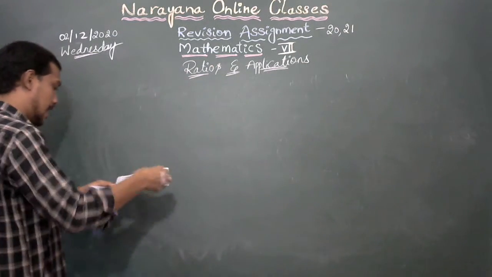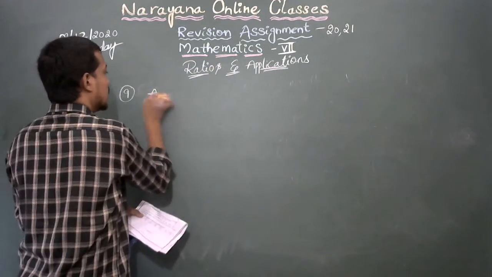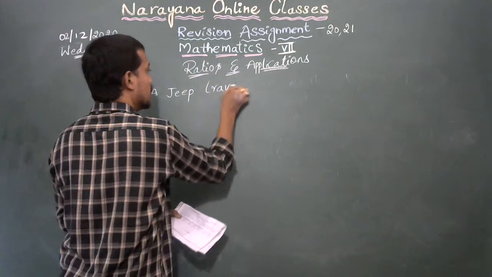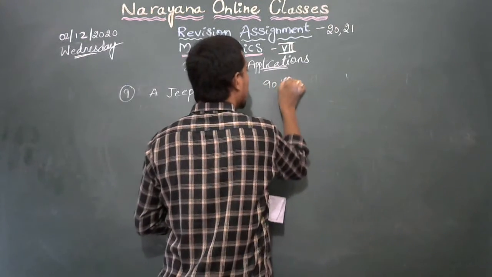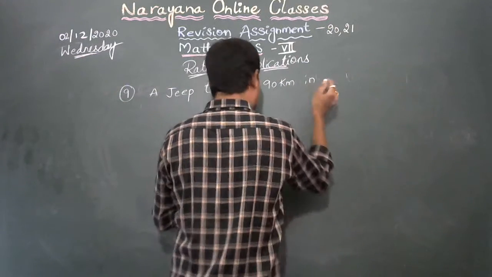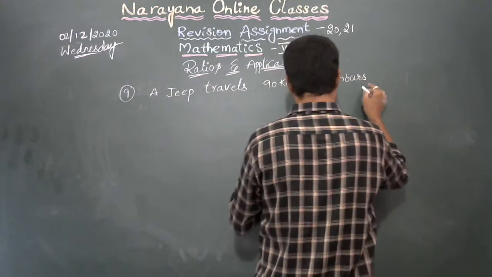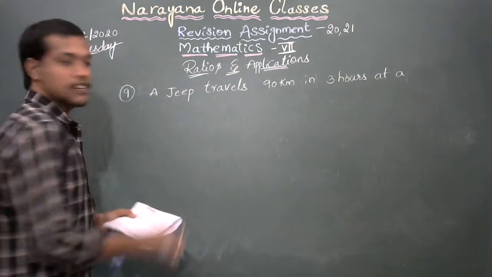Now 9th one. A jeep travels 90 km in 3 hours at a constant speed.